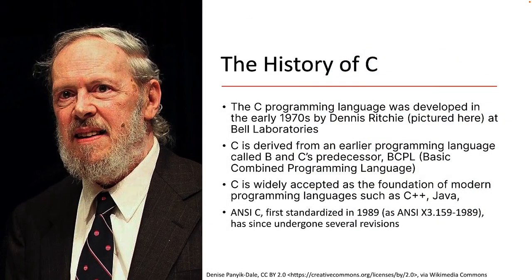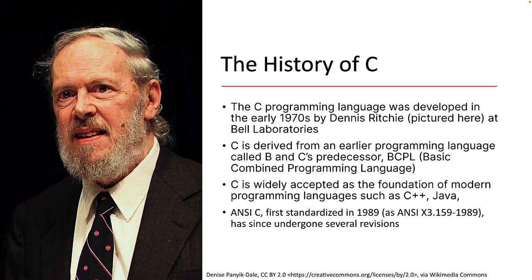As far as the history of C, the C programming language was developed in the early 1970s by Dennis Ritchie, who's pictured here, at Bell Laboratories. And C is derived from an earlier programming language called B, and C's predecessor, BCPL, or Basic Combined Programming Language. So C was derived over a series of earlier programming languages in the 70s by Dennis Ritchie and others at Bell Laboratories.